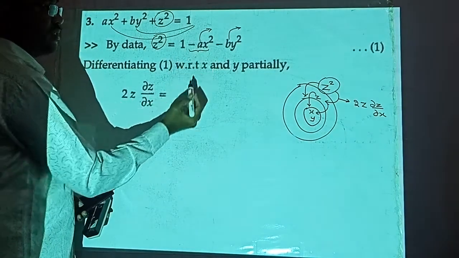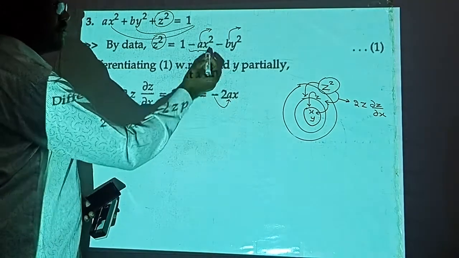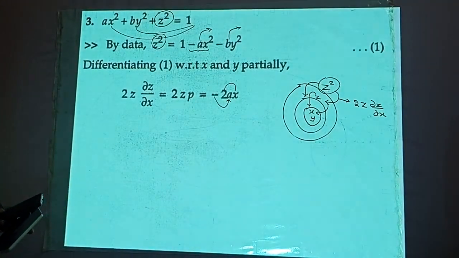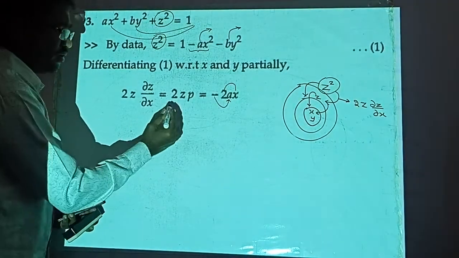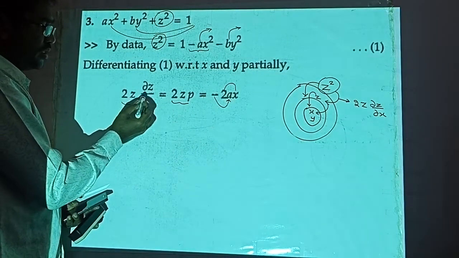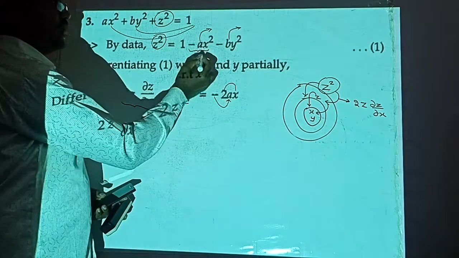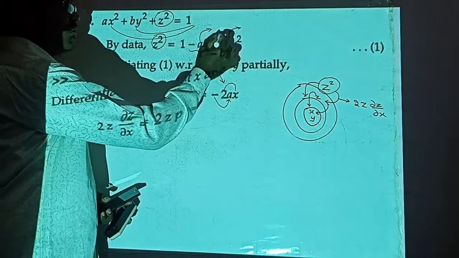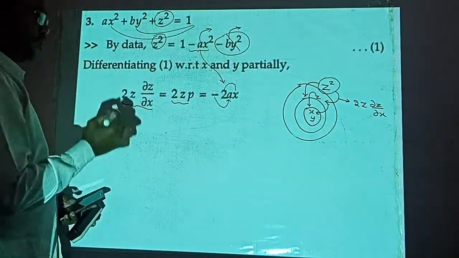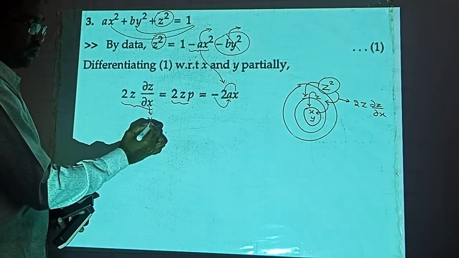Minus a is constant. Differentiation of x square is 2x. Here we have written the same thing as this, 2zp. And differentiation of minus by square is 0 because we are differentiating with respect to x. Y is constant.